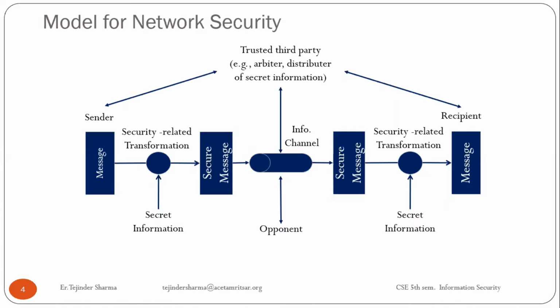Fine. So why do we actually secure the information? There might be some opponent, as you can see in the diagram. There is an opponent or a hacker who can try to capture this ciphertext, because ciphertext is normally public, and the hacker has direct access to it.